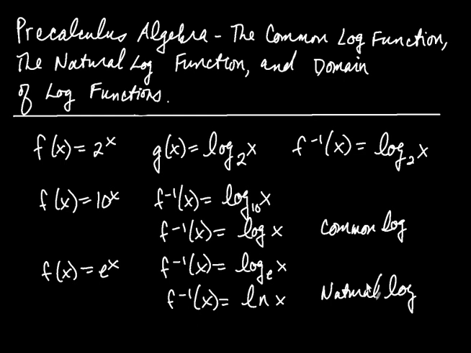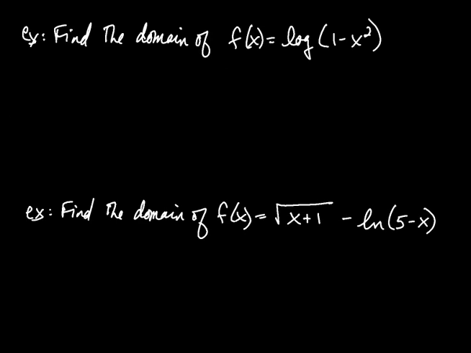Now, what about the domain of log functions? How do you find the domain of log functions? Now remember, the domain of just log of x is 0 to infinity. In other words, remember that for the domain of a log function, the argument has to always be greater than 0.